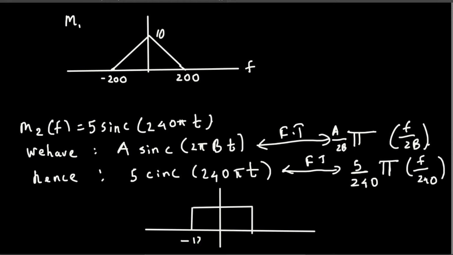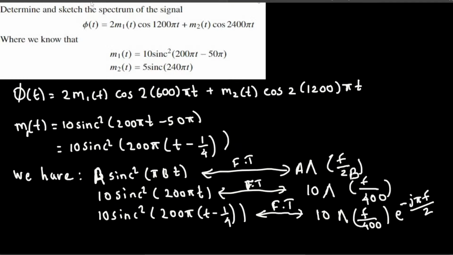Since the period has 240, the range is minus 120 to 120, and the height is whatever the amplitude, that is 1 over 48. Okay, this one is m2. Now we have m1 and m2. We found out that m1 is located at 600 exactly, and m2 is located at the middle of 1200, based on whatever range it has on the x-axis.